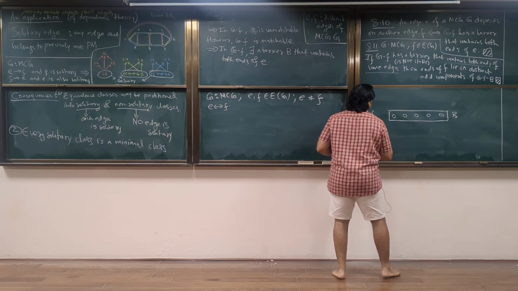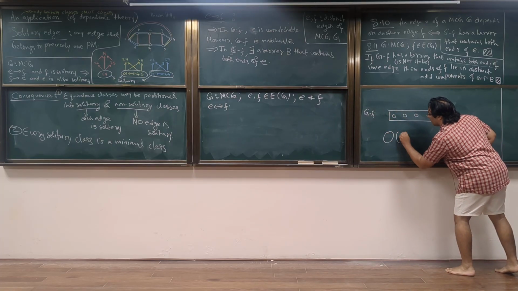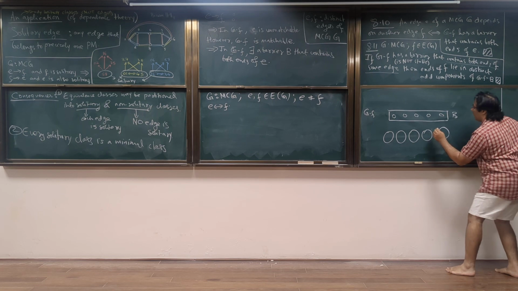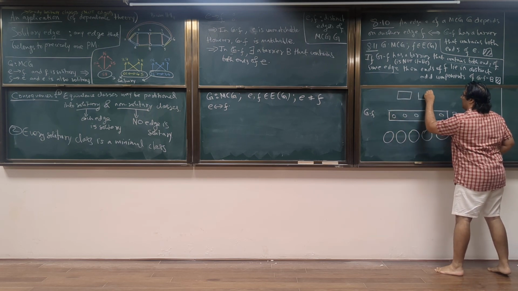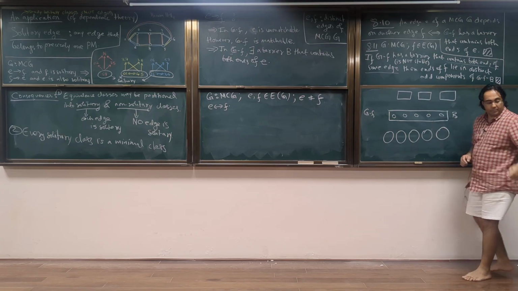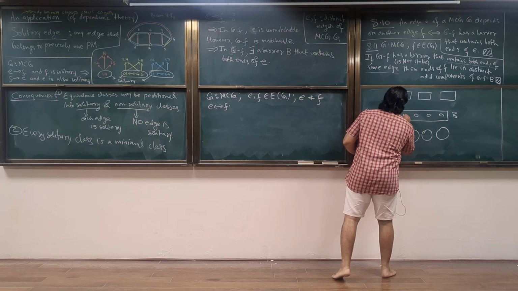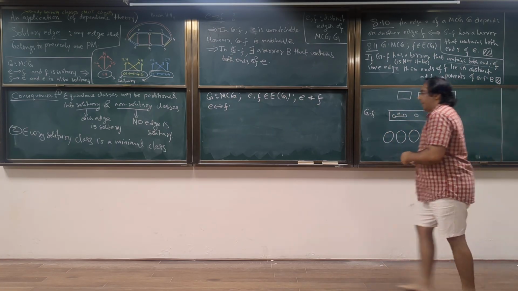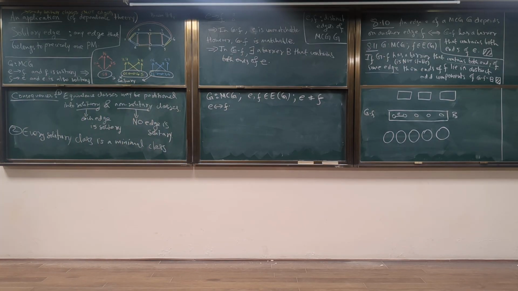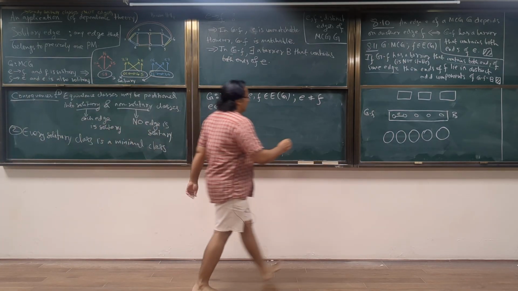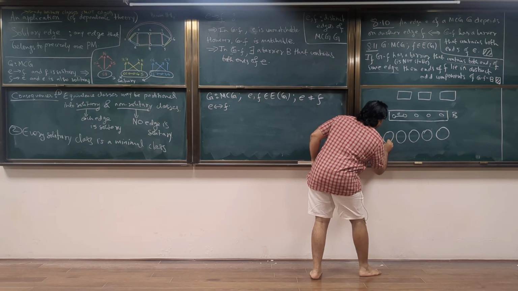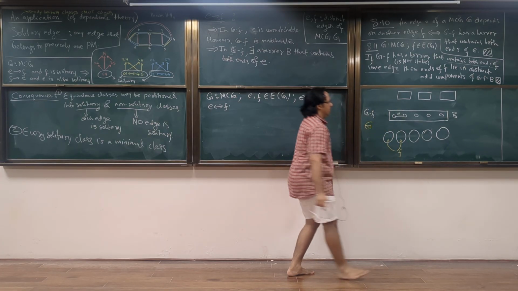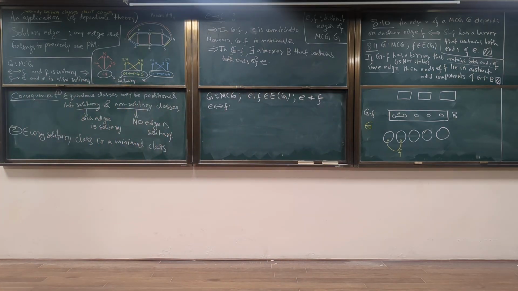This is G minus F. Let me now actually put even components. And the edge E is here, I'll draw it like this now. And if we introduce the edge F back into the picture, then we have something like this. But now we have mutual dependence, right?